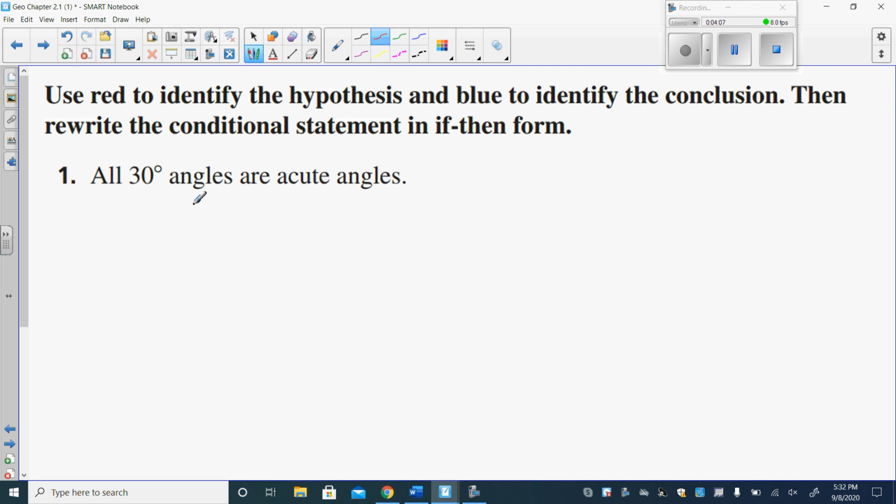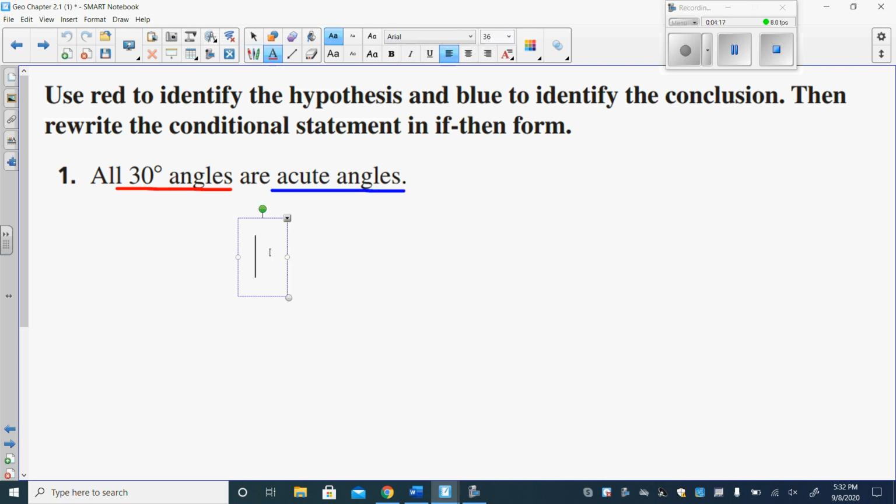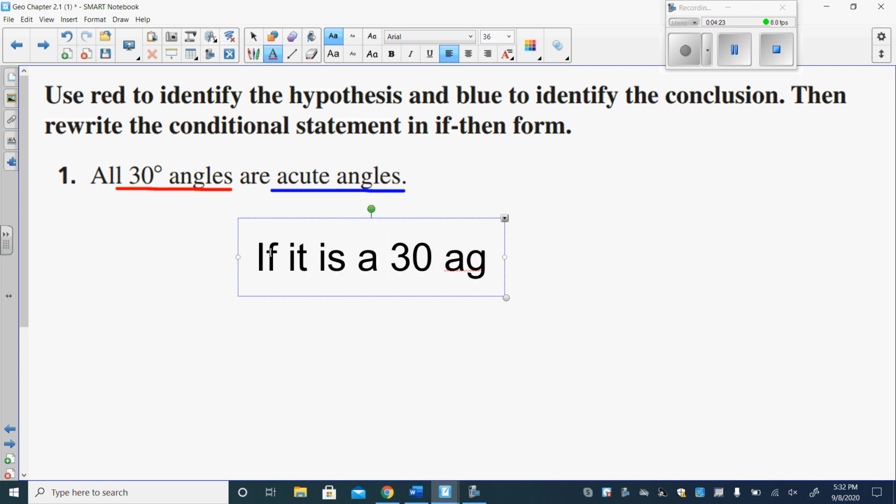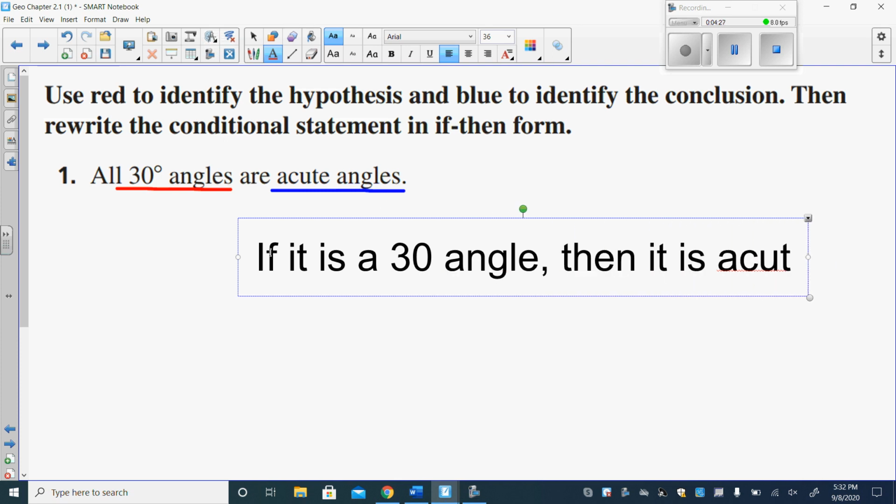So if it's a 30-degree angle, then it is an acute angle. If it is a 30-degree angle, then it is acute.